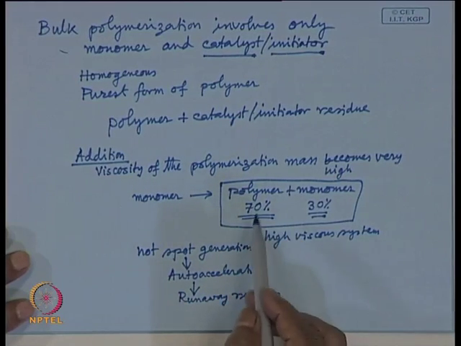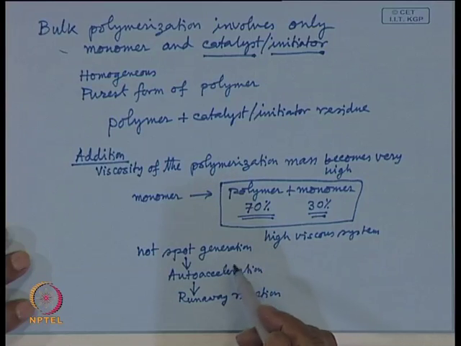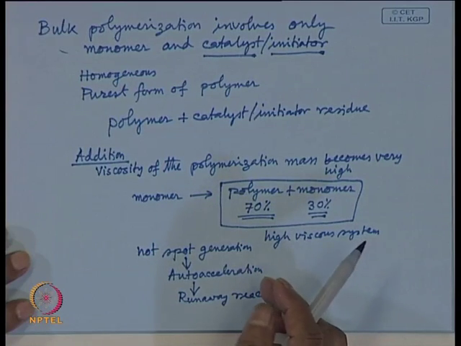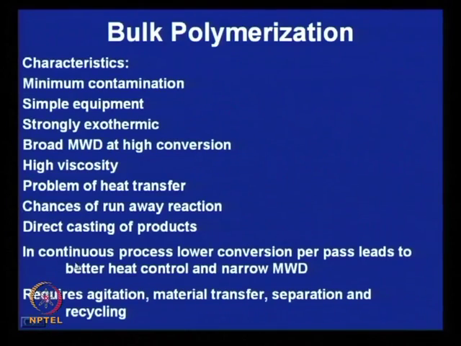That means such type of polymerization can be carried out in 2 steps. You will see here the direct casting of products. What does it mean?